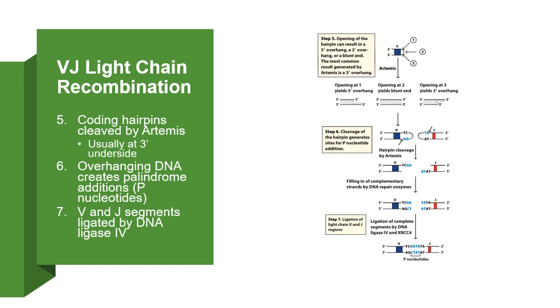These pieces in this overhang in this 3' region are actually going to get filled in this empty spot by another enzyme. And so addition of these P nucleotides is one of the things that's not coded for in the DNA, but contributes to the receptor diversity. How many of those get added depends on exactly where Artemis cuts and exactly how many of these P nucleotides actually get added in.